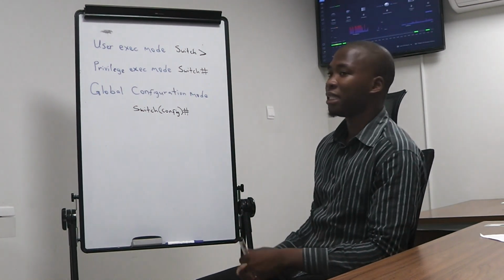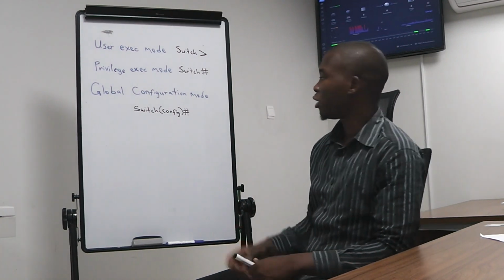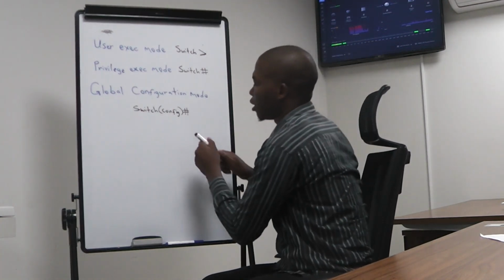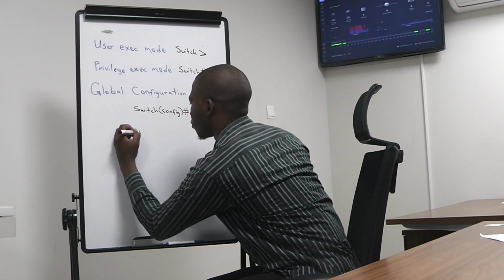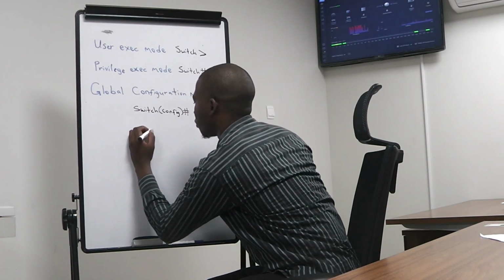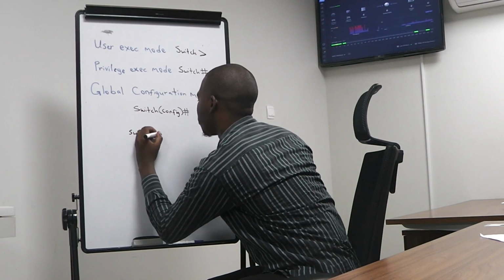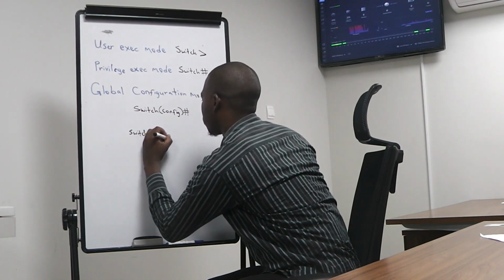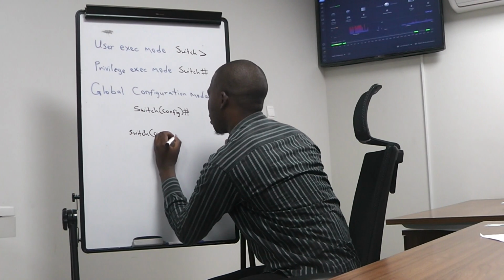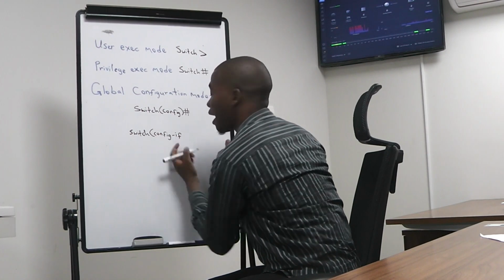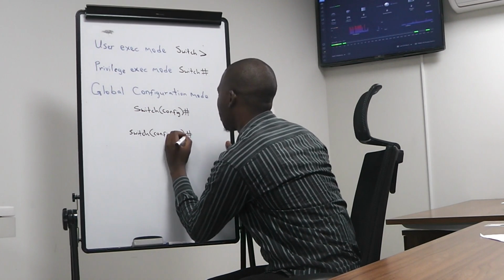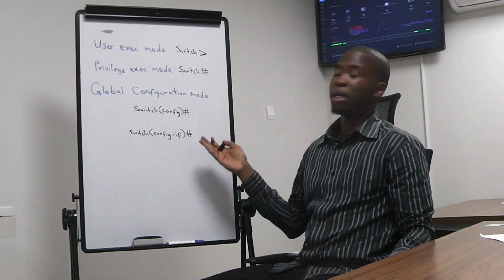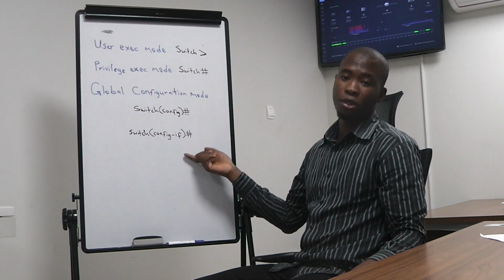After entering the interface name, you will see switch, in brackets config-if, if meaning interface, close bracket, then the hash. This will be the interface configuration mode.